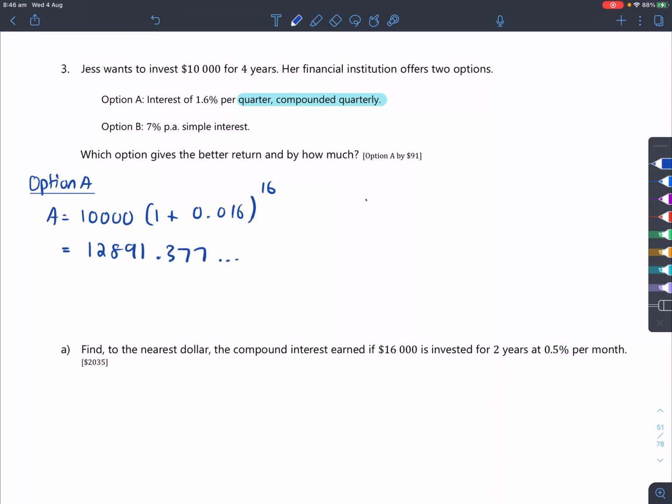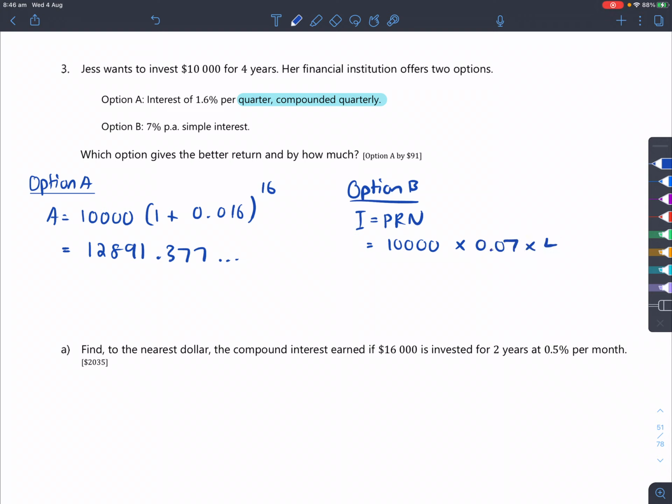Then for option B, we're actually just calculating the simple interest. So our formula is given by I is equal to PRN. We'll get P, which is 10,000, times the rate, which is 7% or 0.07.